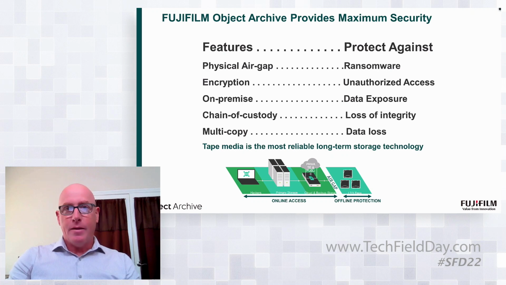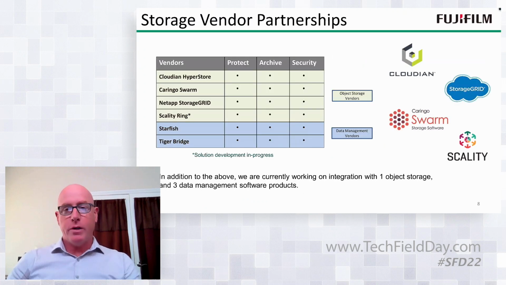Something that's really important to Fujifilm in the development of this product has been our partnerships. I heard questions about the growth of the object market versus file, and there are data points out there.